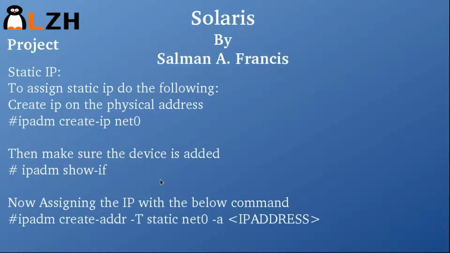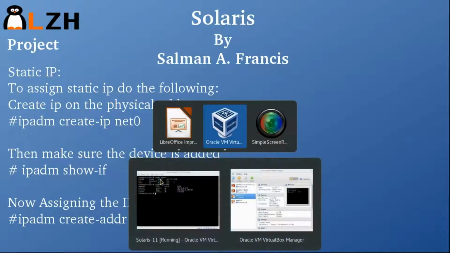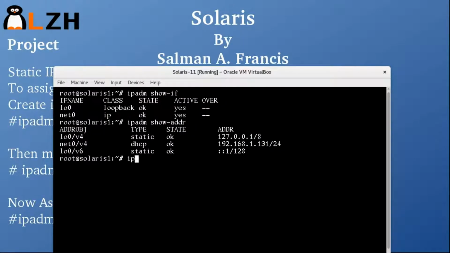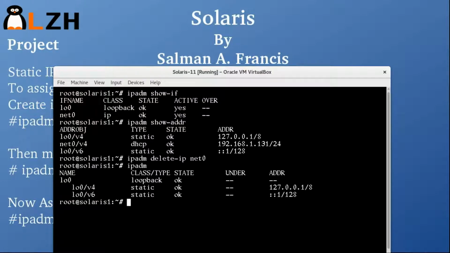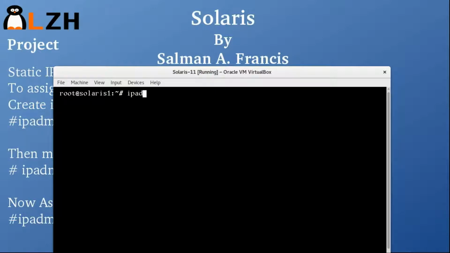Okay, so let's do that. ipadm delete-ip net0, and you can see that everything is gone again. ipadm show-if will reveal that only loopback is now available.